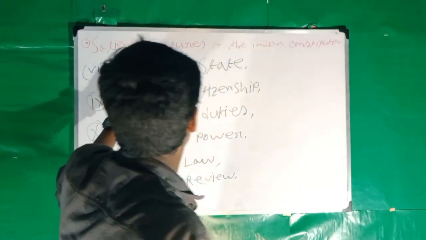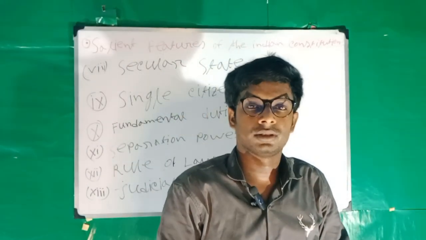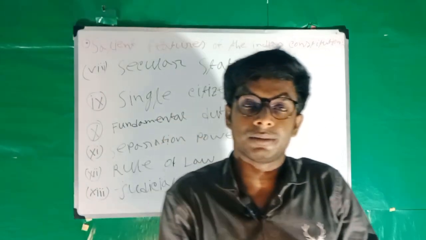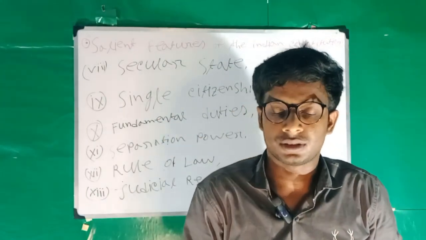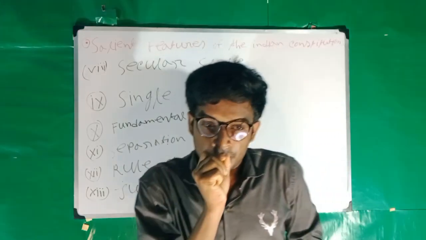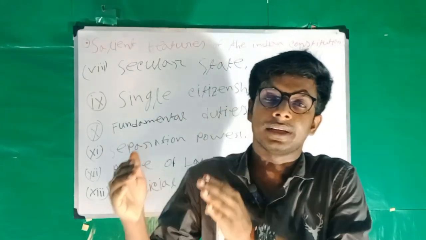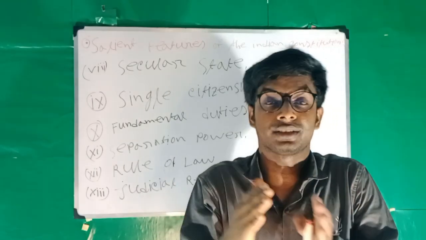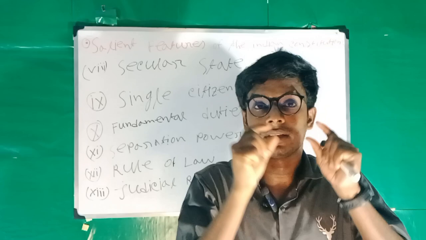Point number 8 is the secular state. Secular state means secularism. Secularism was added by the 42nd amendment of the Indian Constitution. It is the basic structure of the Indian Constitution. Secularism means the state shall treat all equally regardless of religion, and has no particular religion in our country.